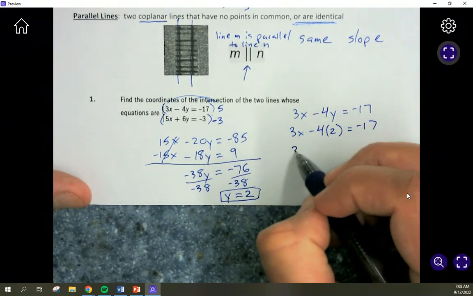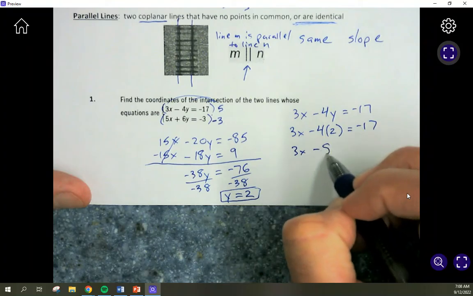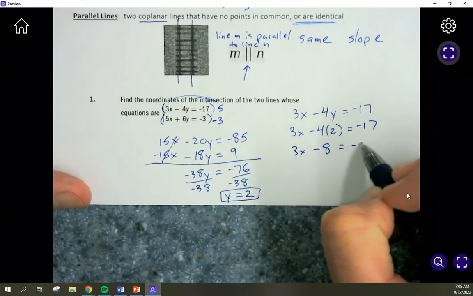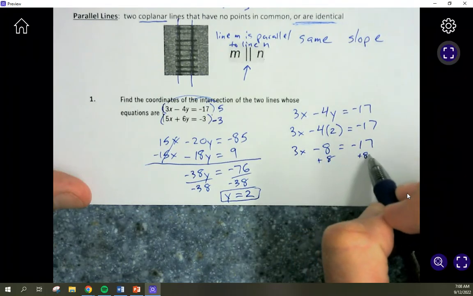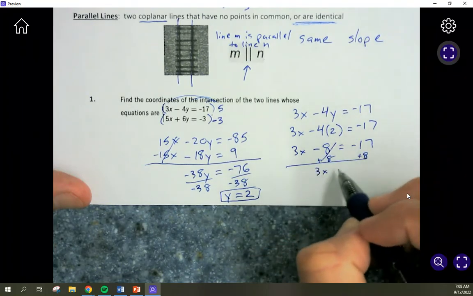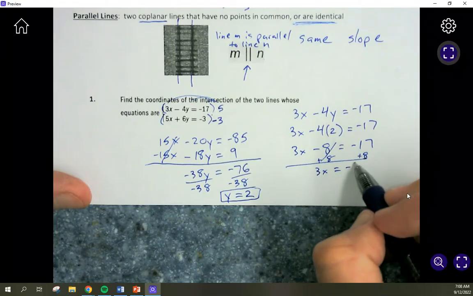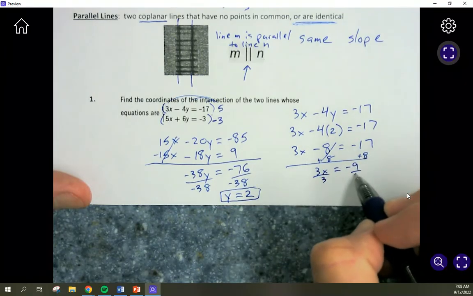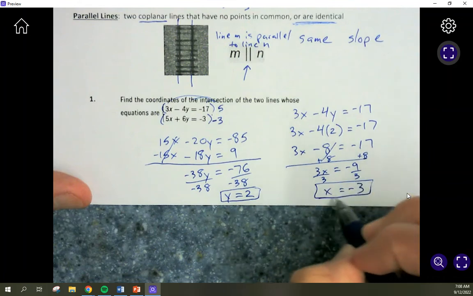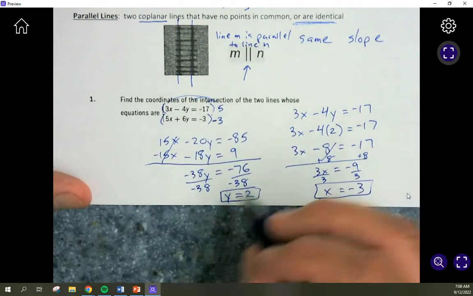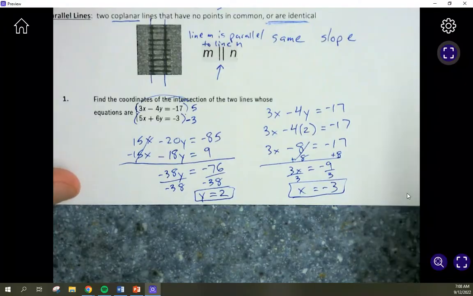Run that out. 3x stays. This becomes -8. And solve the equation. Add 8 to both sides. 3x remains. We get a -9. Divide by 3. X equals -3. And again, we're trying to find the coordinate, so we're going to express our final answer here as a coordinate.